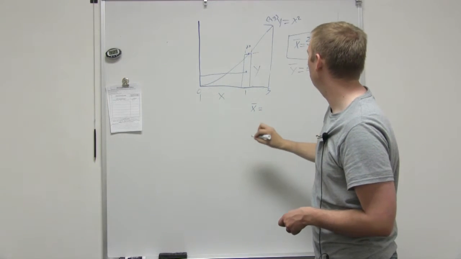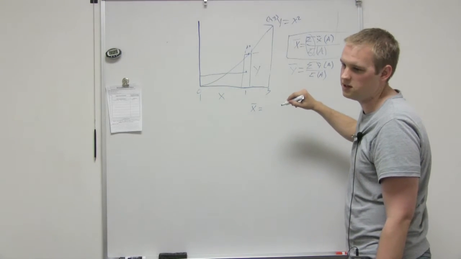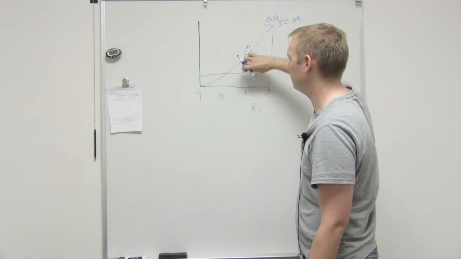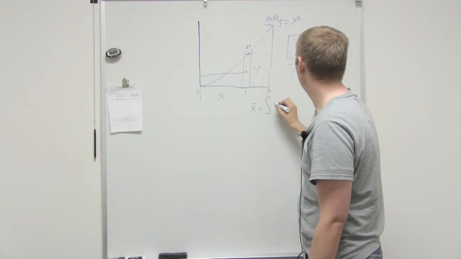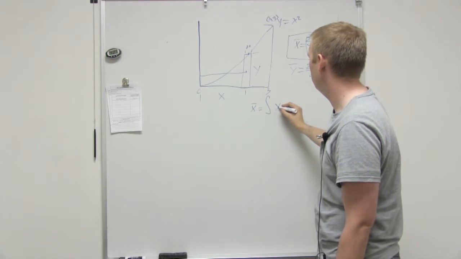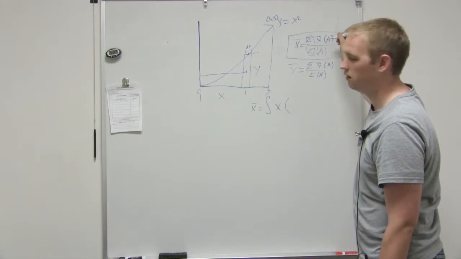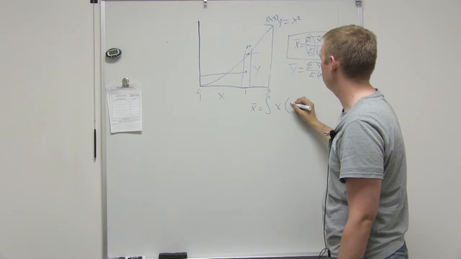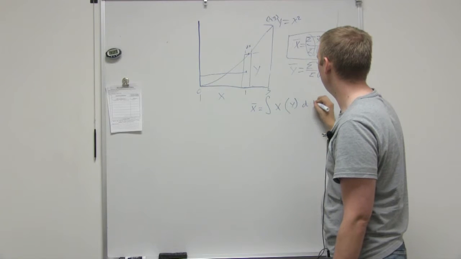There's this thing that we have to take care of though. How do you do a summation? Integrals? Yeah, we're just gonna add up all these little elements. So we do the integral of x tilde, which is just x, times the area. And we decided that our area was y dx.